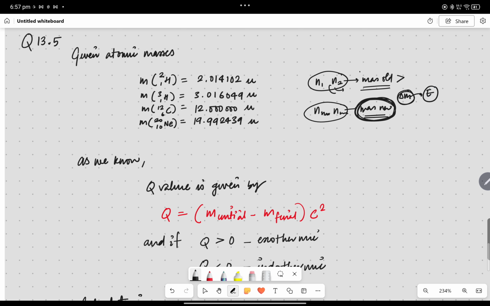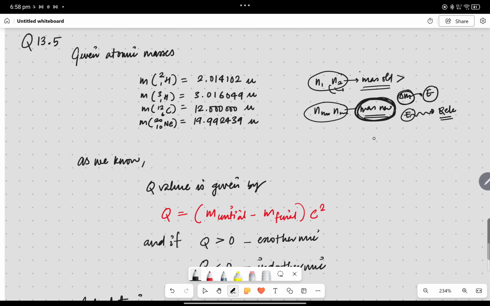So that also means that E equals delta M, in the form of binding energy, got released while forming the particular nucleus of the product atom, right?